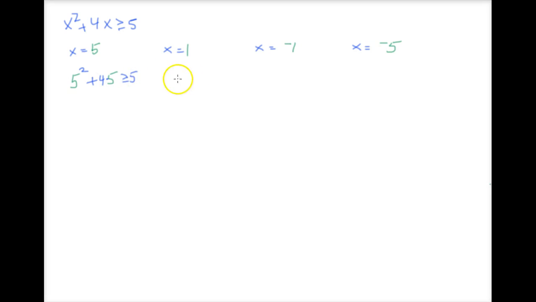I need something squared plus 4 times that something to be greater than or equal to 5. That's the basic frame of my question. In this case, we're plopping a 1 in there, 1 here, 1 here. Those two aren't so bad.